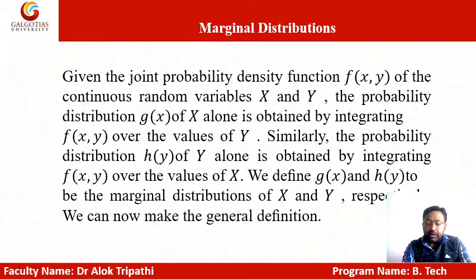If we integrate f(x, y) with respect to x, this generates the probability distribution for the random variable y. These separate distributions are called the marginal distributions of the random variables x and y. Now we shall give the general definition.